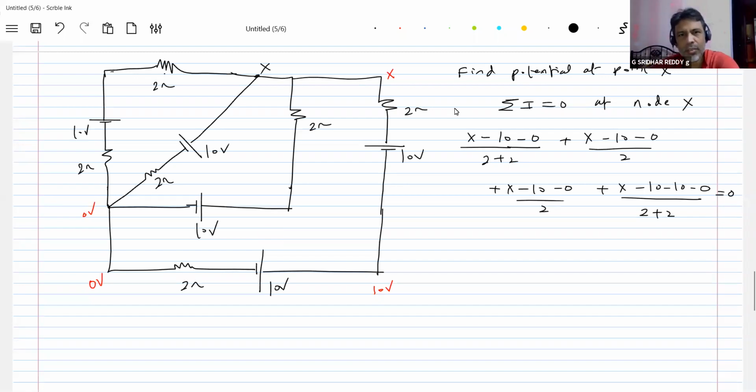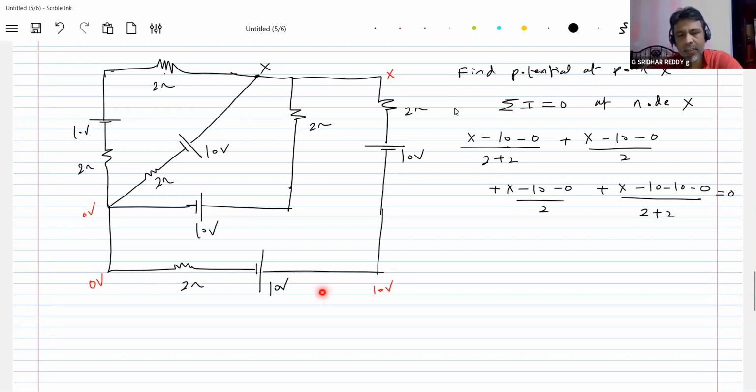Now some students will have a doubt: why are you taking 0? Why not let it be 15 and this 5? Then this will become 5. You'll get some value of X, and the current in all the branches will be the same. With respect to the 0 volt, X is the potential you're finding. You can also do it like this: make this 15 volt and this 5 volt.